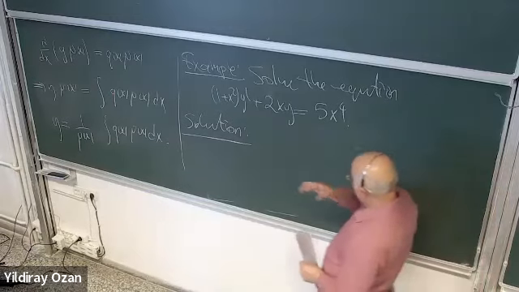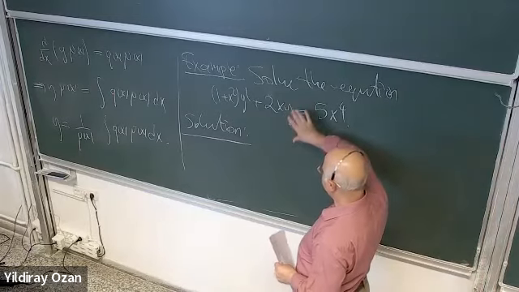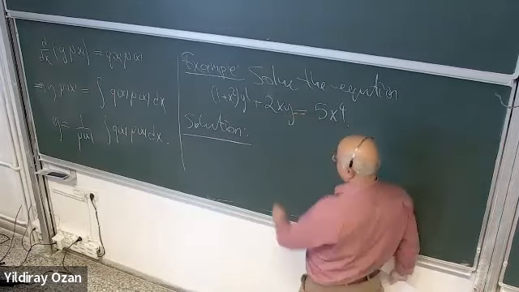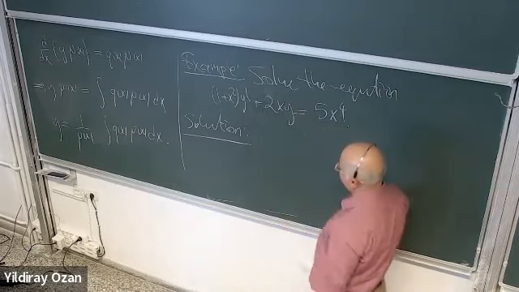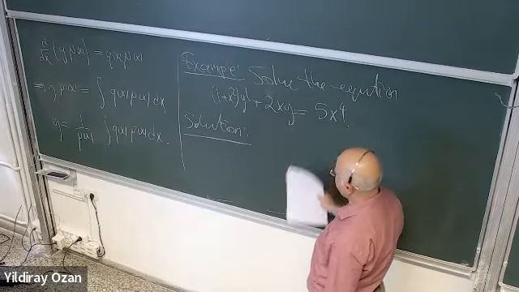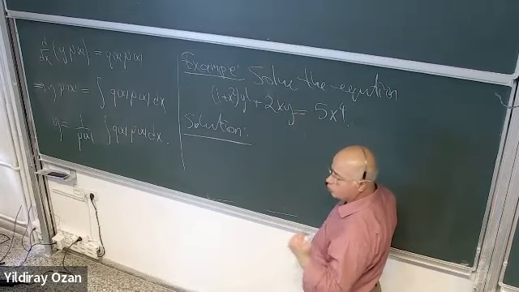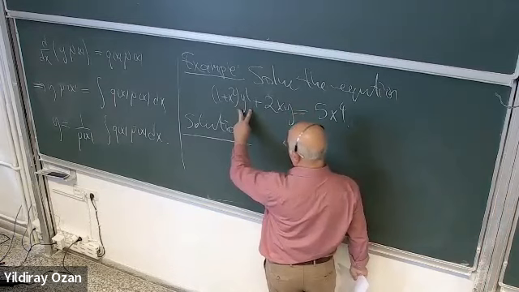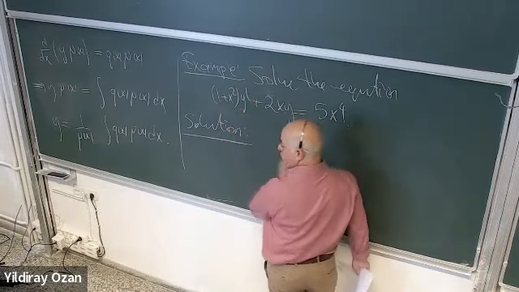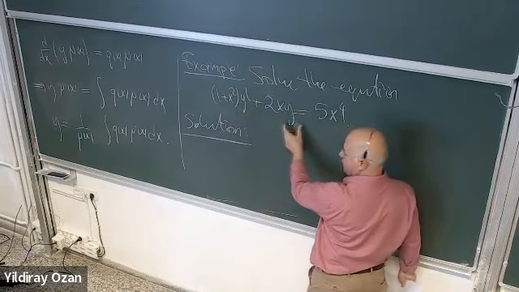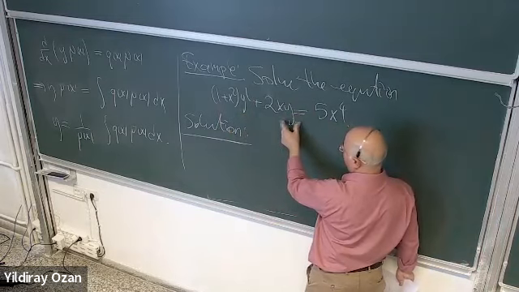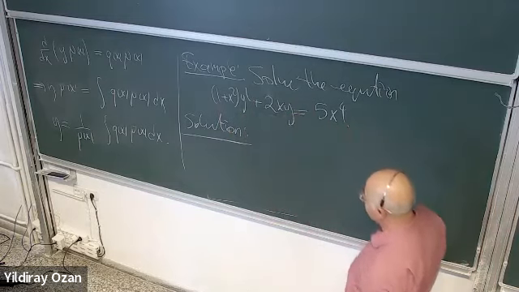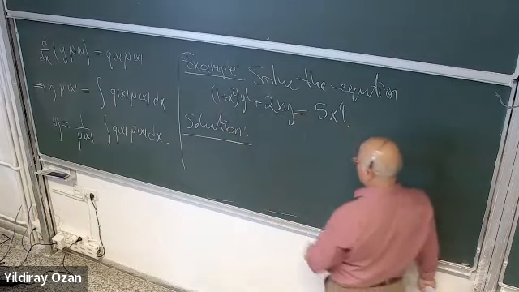Okay, so I am given a first order linear equation. First order because the only derivative term is the first derivative. It is linear because no two y terms are in multiplication form. Here the coefficient of y prime is just a function of x, and here also the same thing. We have only y and the coefficient doesn't involve any y term in it.